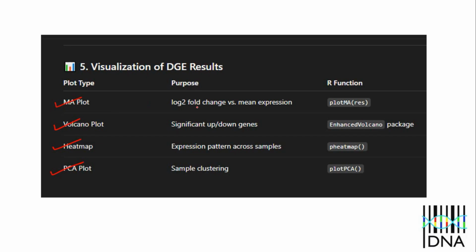The purpose of the MA plot is log2 fold changes versus mean expression. Volcano plot for the significant up and down genes. Heat map for expression pattern across the samples. PCA plot for sample clustering. For this, we use these packages or this software. We also install all these software in our RStudio.